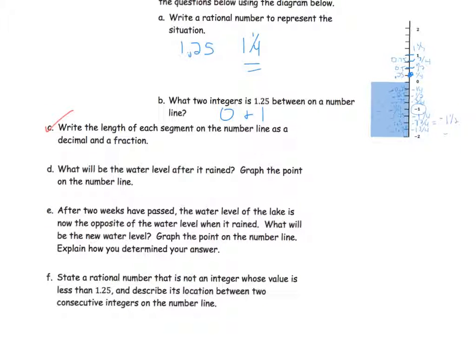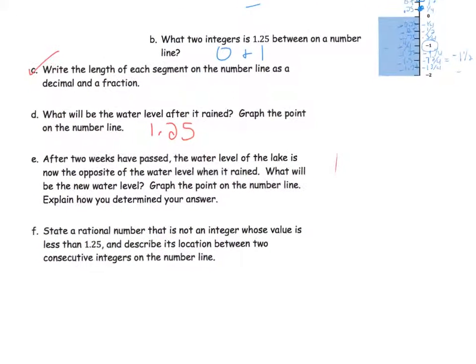So after it rained, and we've already kind of done this up here, if it went up 1.25, then the water level would be 1.25 feet. And we've already graphed that. Then we read the next question. After 2 weeks, the water level is now opposite of when it rained. So what is the opposite of 1.25? Well, we know that it's the same distance from 0, but on the negative side.